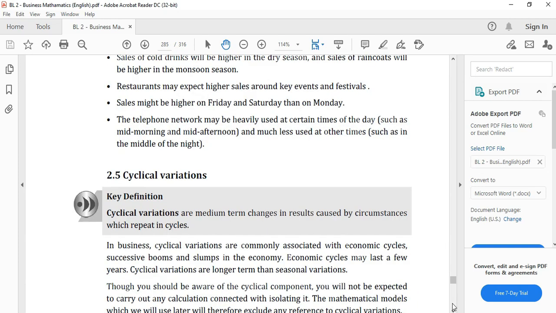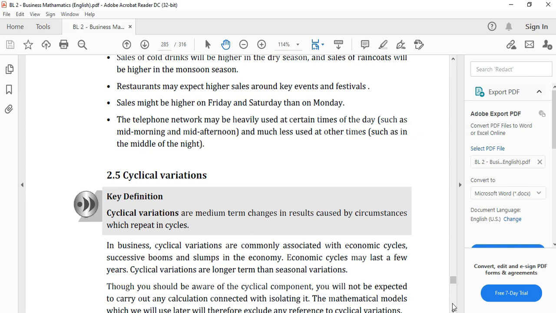Cyclical variations are changes that occur due to economic changes. When a country is in a boom period, where the economy is doing very well, the cyclical changes may be more positive.